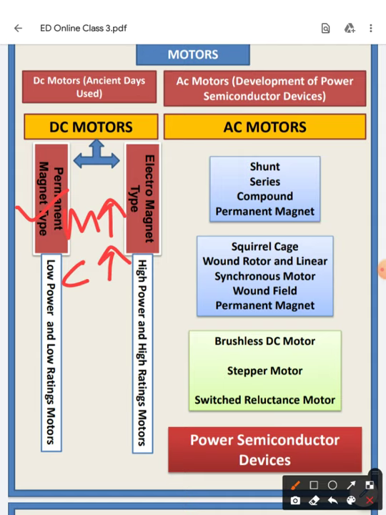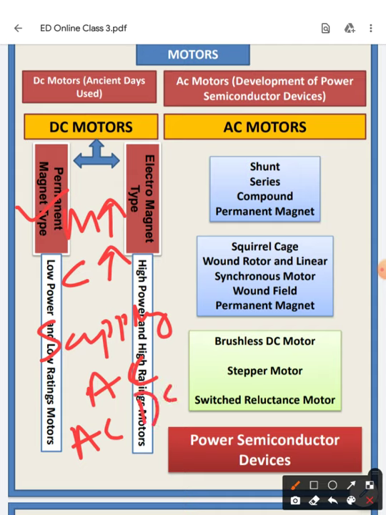The second and third disadvantages: we can't go for the DC motor in every case, because the supply voltage is AC, so in every condition you will get AC voltage instead of DC voltage.